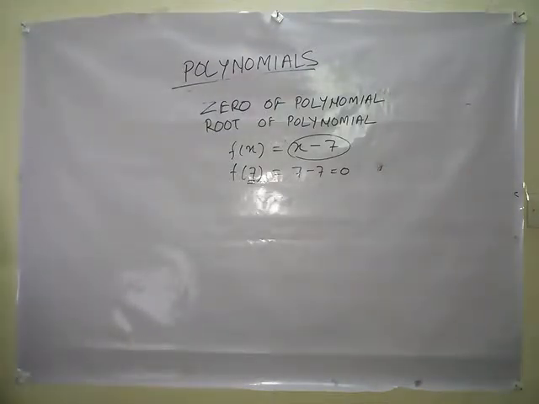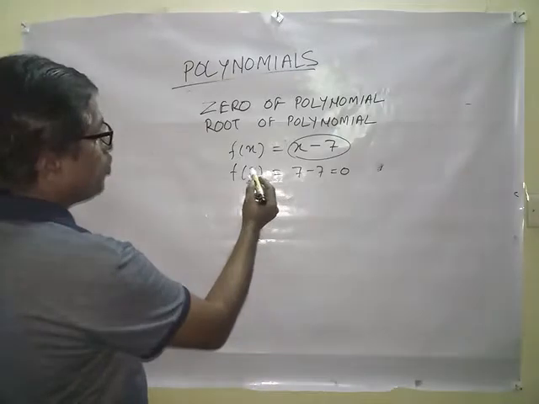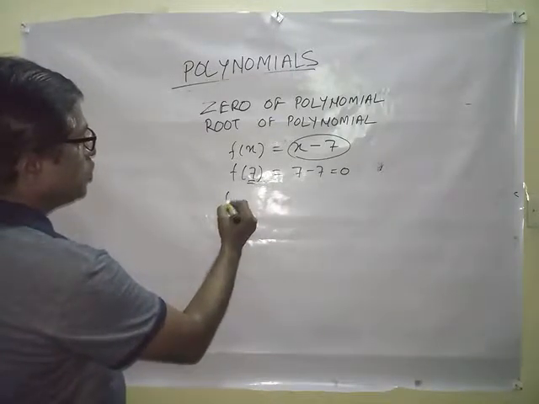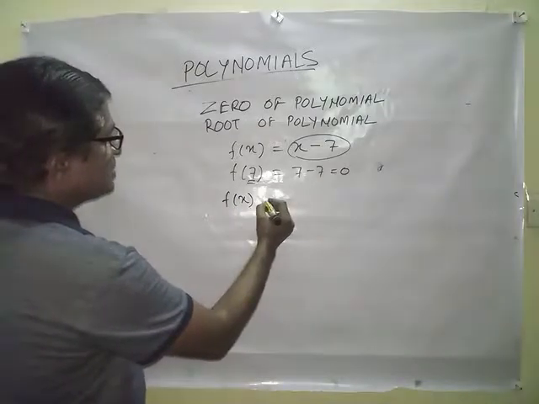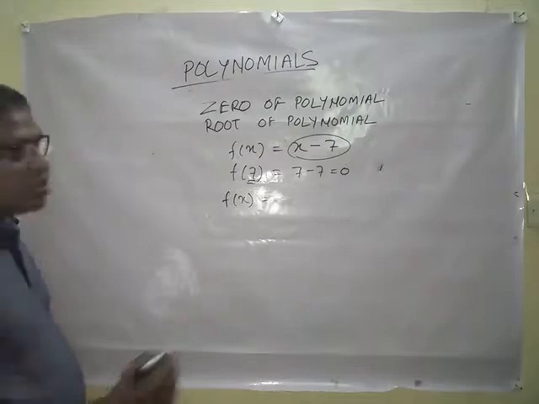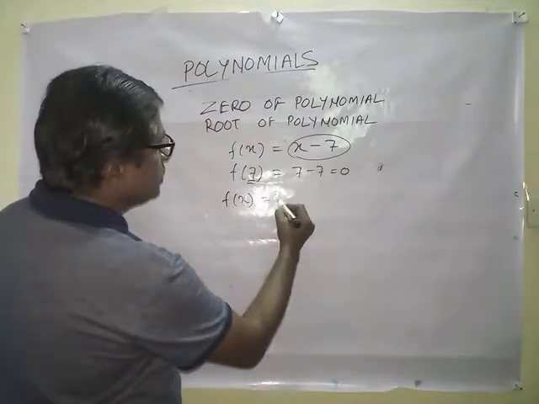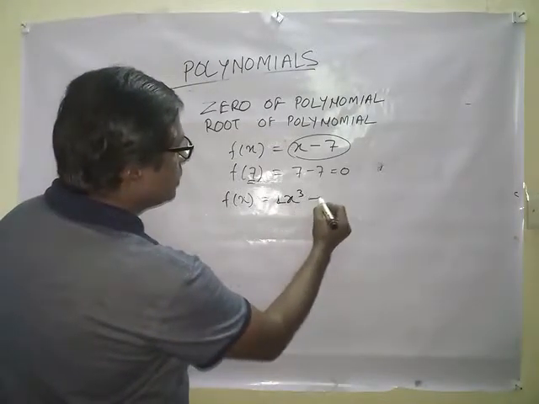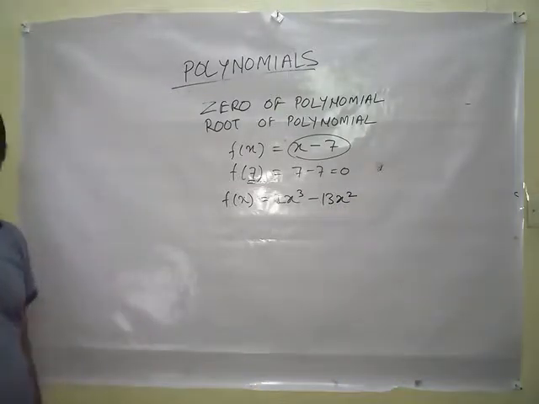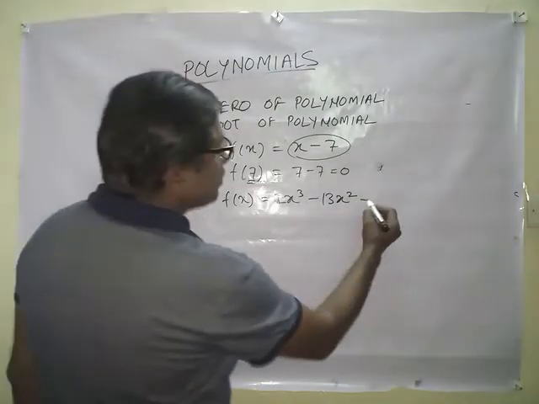Similarly, let us take another. This is a whole number, but the root can be a fraction also. f(x) is equal to another equation we are taking: 2x cube minus 13x square plus 17x plus 12.